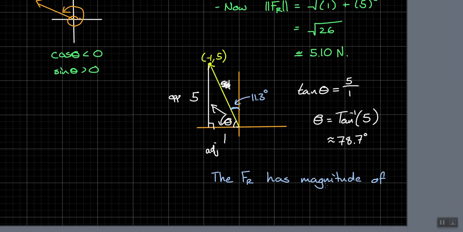I just want to make sure that we could identify it. 5.1 newtons at, gosh, what was the angle we just found? 11.3, but I can't just say 11.3. Because we get the same thing where somebody tries to walk in this direction at 11.3 degrees. To get to this angle, do we start at north or south? North, and then we're going to fall 11.3 degrees. What direction? And look at that, we have it.